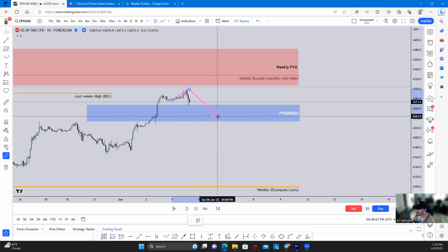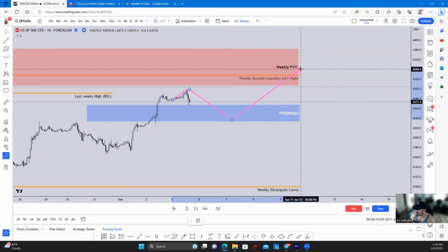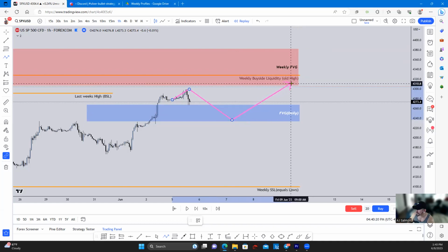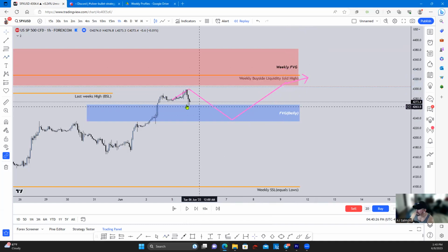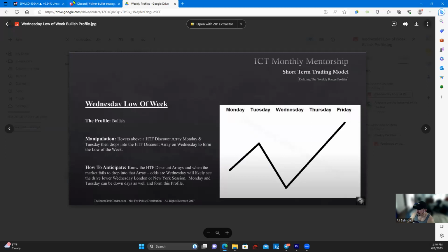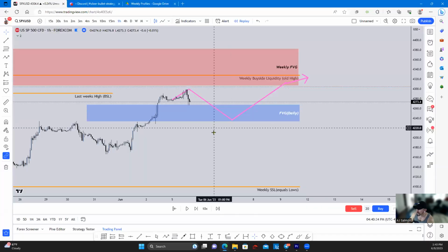From Tuesday to Wednesday, Wednesday creating the low of the week here, and then trading higher into Friday, hitting this bullish weekly fair value gap and this old high here, right? So if we line up this with our weekly profile, it almost matches, right? So this is what you could be expecting.